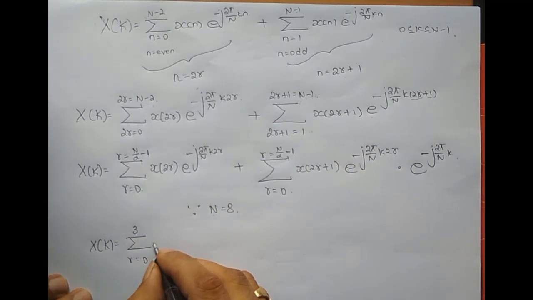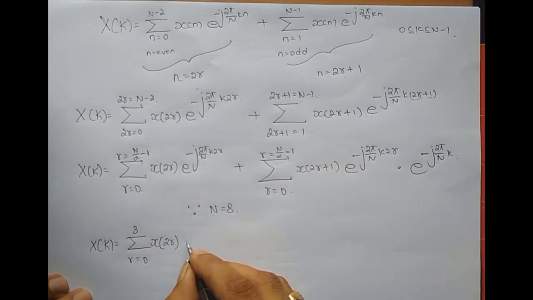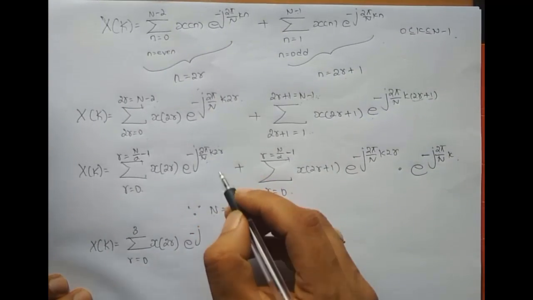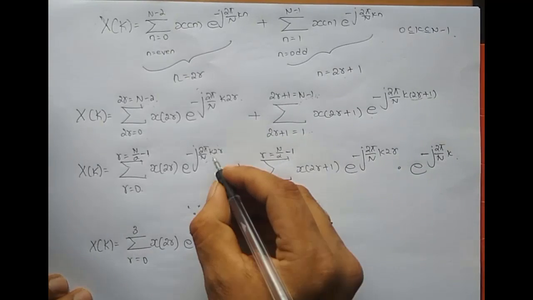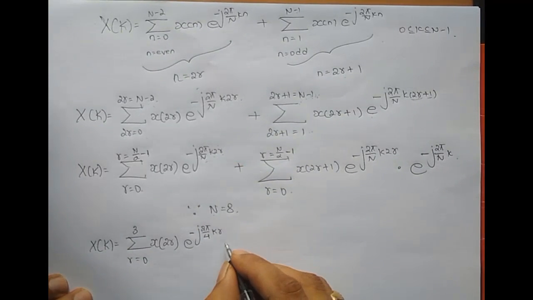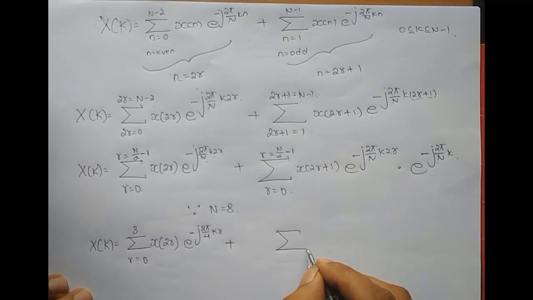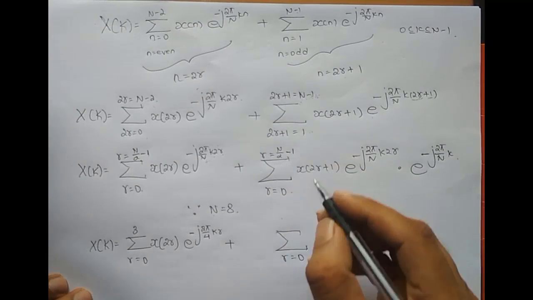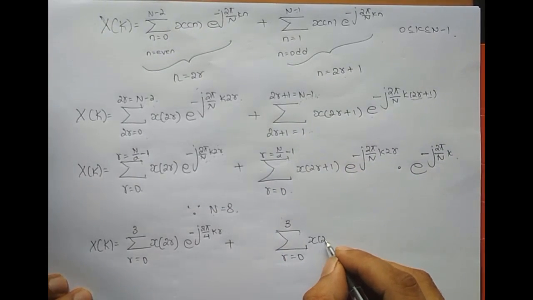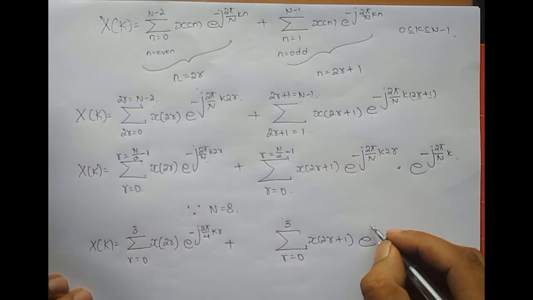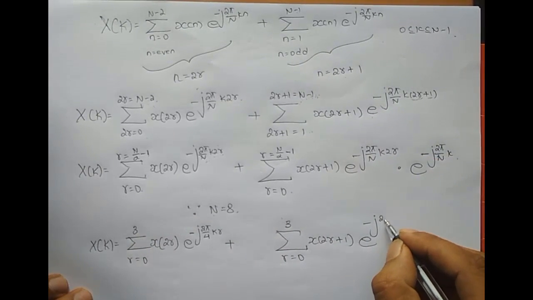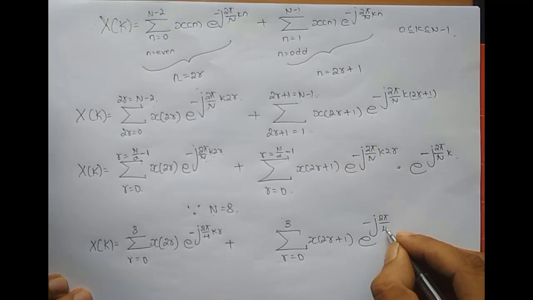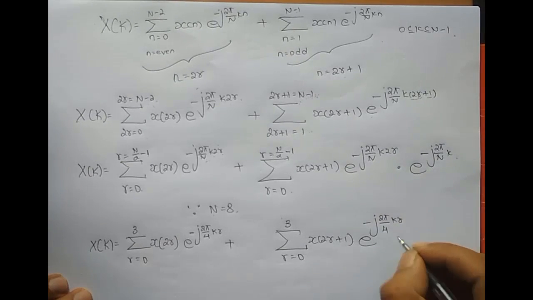So r varying from 0 to 3, x of 2r e power minus j, this is 8, so 2 ones are 2, 4s are 8, so I get 2 pi by 4 into k into r, plus summation r varying from 0 to, again n by 2 minus 1, which is 3, x of 2r plus 1 into e power minus j, 2 pi by 8, so 2 divided by 8 is 1 by 4, so I get 2 pi by 4 into k into r.